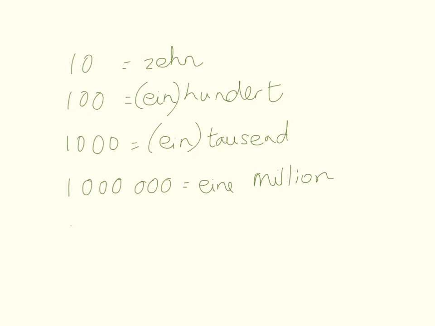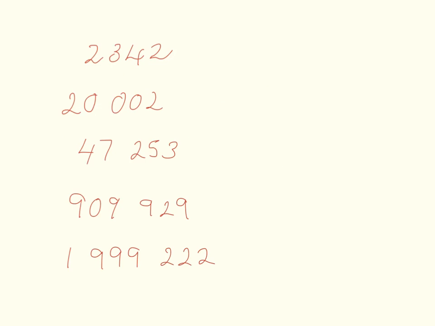10. 100. 1000. 1,000,000. You can probably attempt some of these big numbers now. Again, you can pause and try it yourself. Nummer 1, 2342. Nummer 2, 20,002.